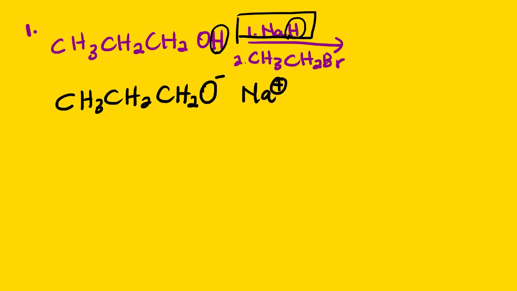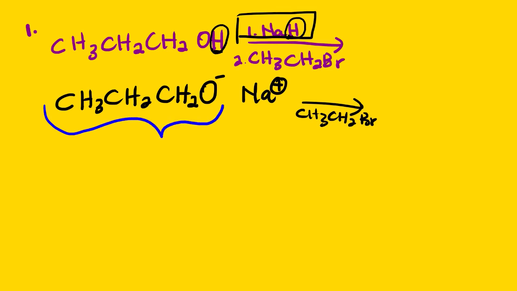And then this H2 will simply evaporate. Then we have to react this with our second part, which is CH3CH2Br. And if you can check, this is the beginning of the Williamson synthesis, because this is an alkoxide reacting with an alkyl halide.